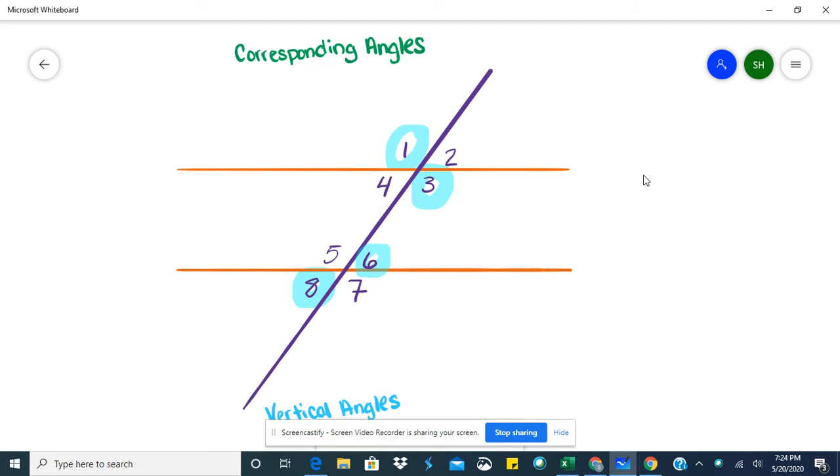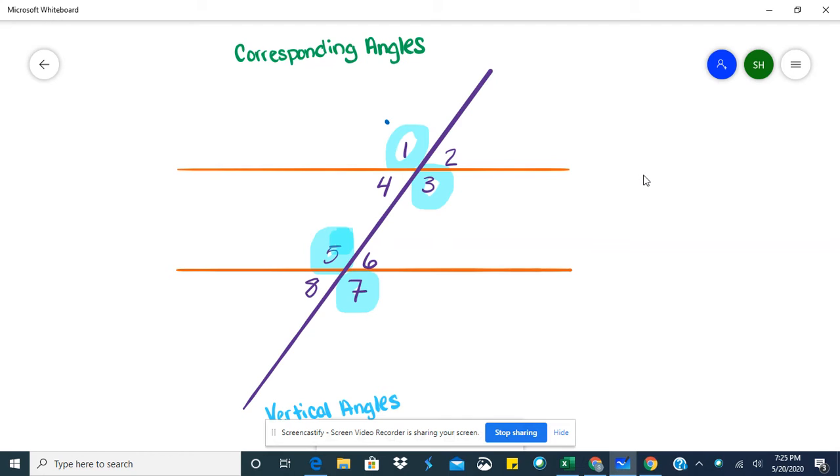So I'm going to show you. So 1 and 3 are corresponding to each other. Are those the only two that correspond with 1 and 3? No. You also have angles 5 and 7, which are the same angles. The way to remember this is the zigzag. So your zigzag is going to start here at angle 1, go down to angle 3.